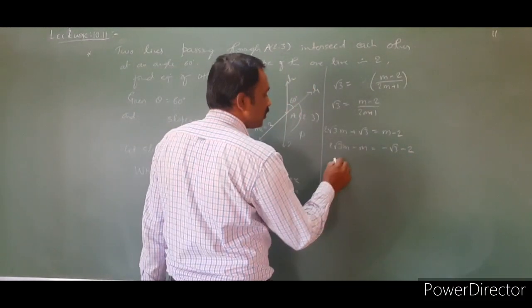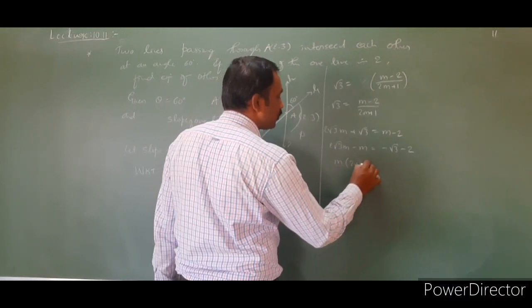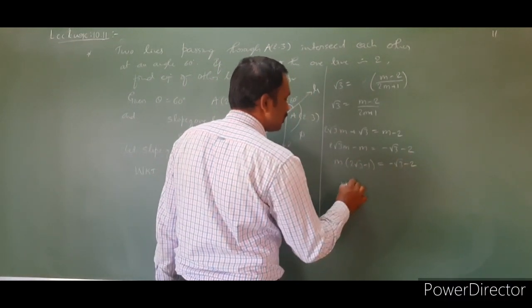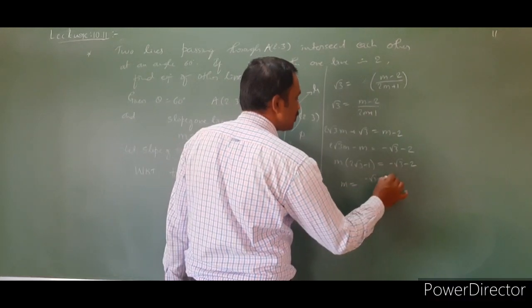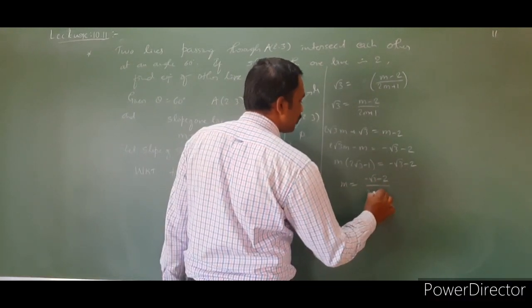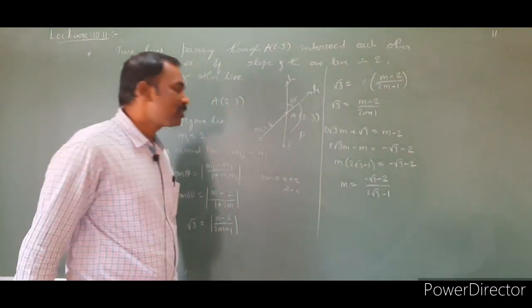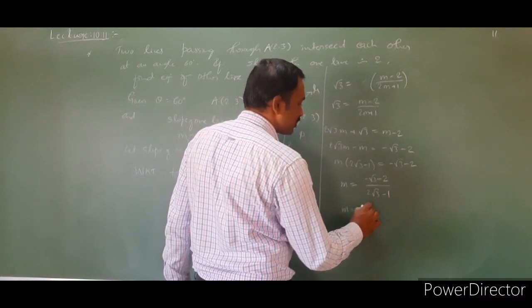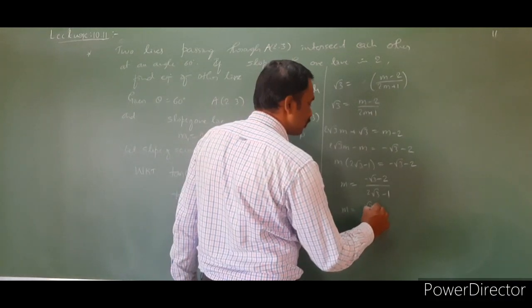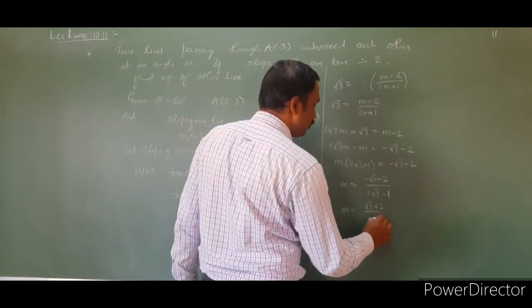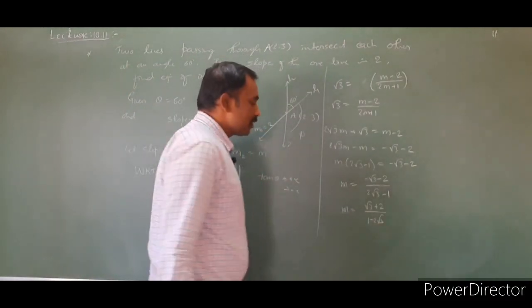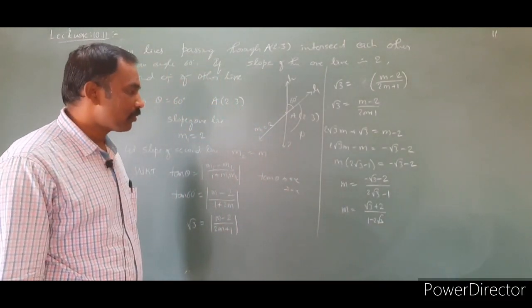Here m is common: m times (2 root 3 minus 1) is equal to minus root 3 minus 2. So m is equal to (minus root 3 minus 2) divided by (2 root 3 minus 1). In the numerator we can take the minus common and cancel it. So m is equal to (root 3 plus 2) divided by (1 minus 2 root 3).